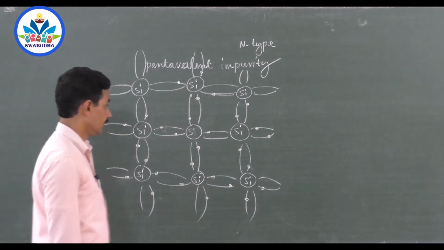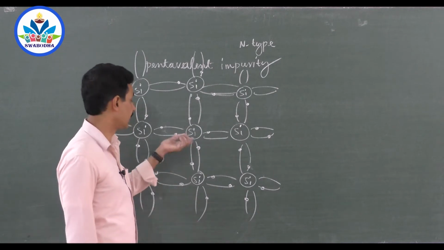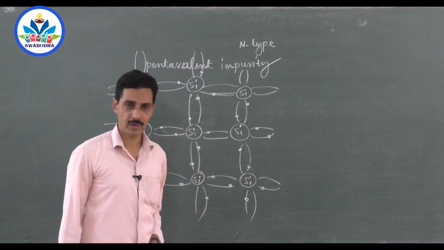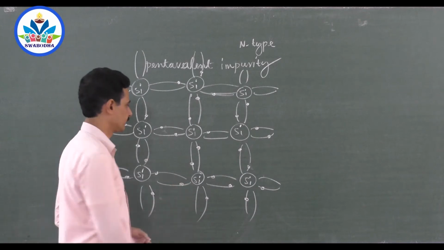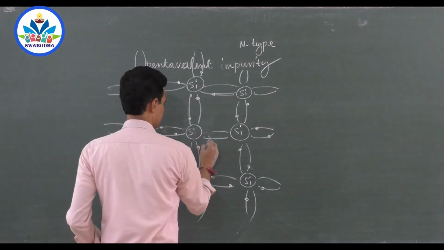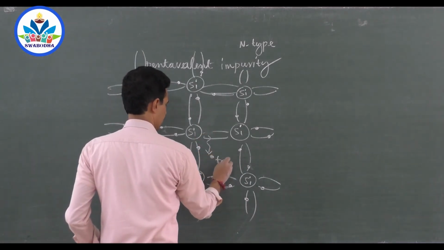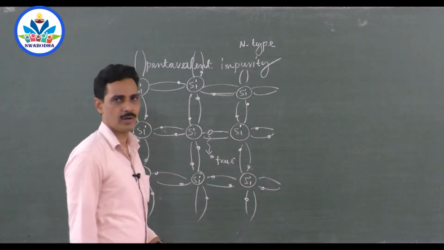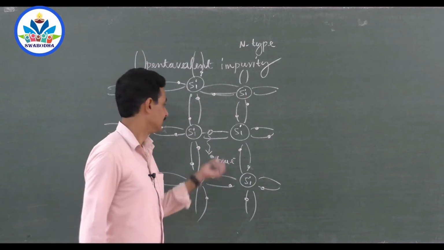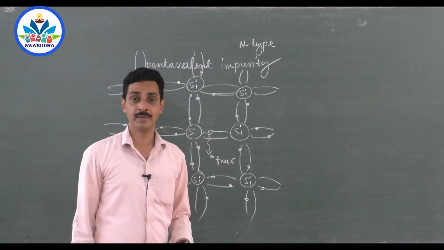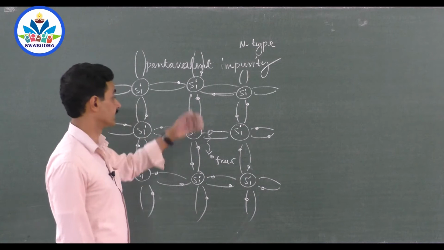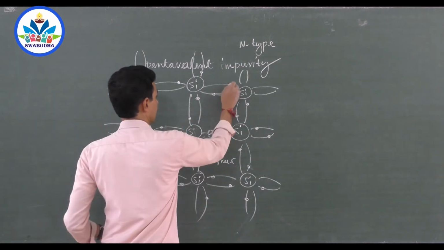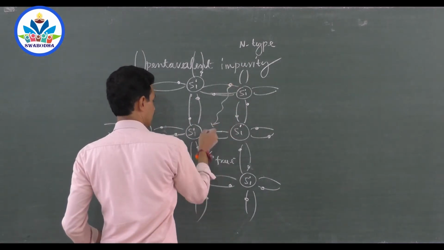But when the temperature increases, atoms will vibrate, and one bond will be broken, and one electron becomes free. Suppose this electron becomes a free electron. That free electron has created a broken bond, right? And that bond may be completed by the motion of an electron from somewhere else.